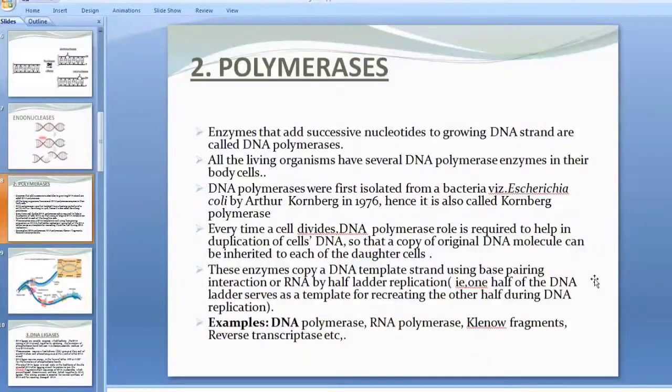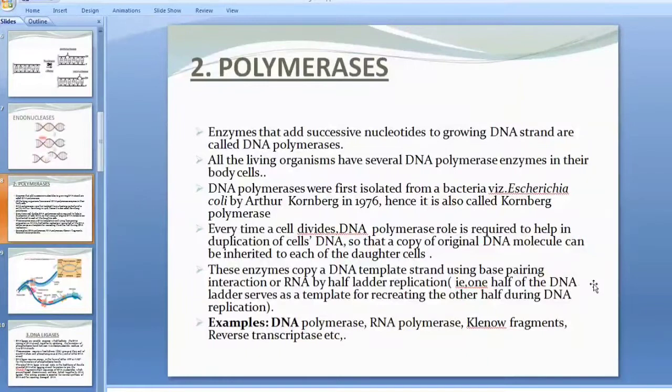So the DNA polymerase can copy the DNA template strand using two methods. The first one is the base pairing interaction method, that means the bonding or interaction between the nitrogenous bases adenine, thymine, guanine, cytosine. Another one is the half ladder system, as just explained to you.